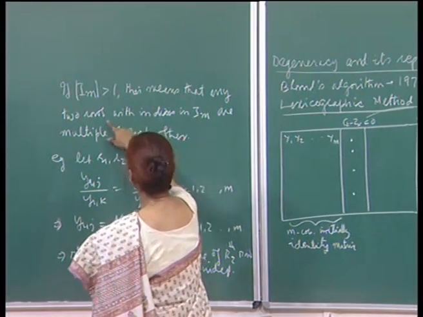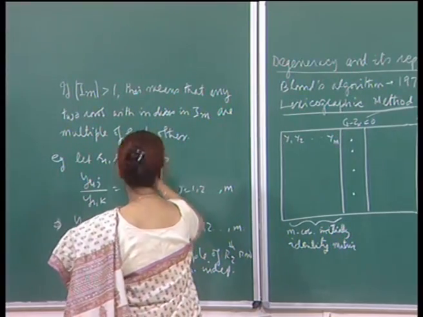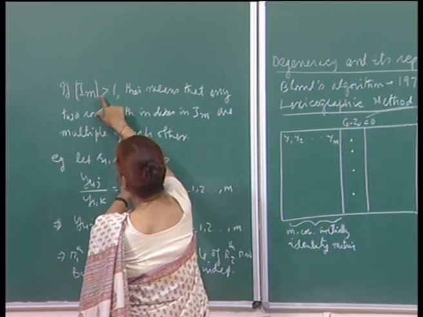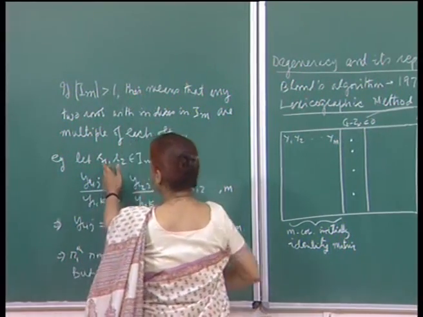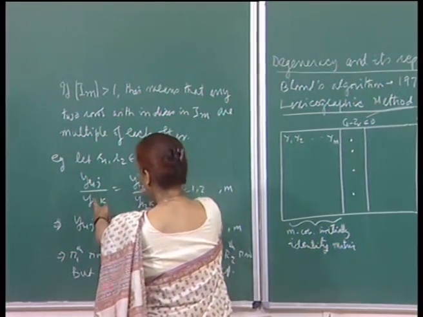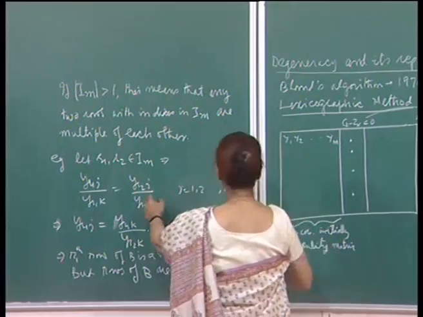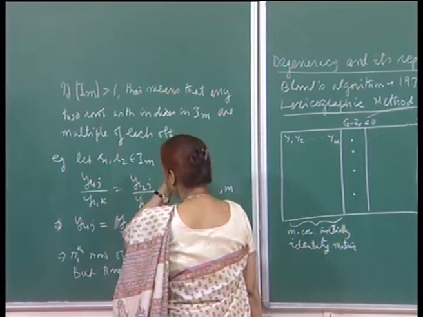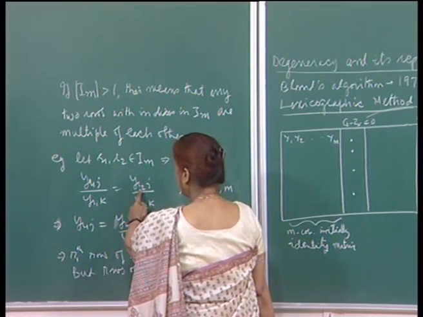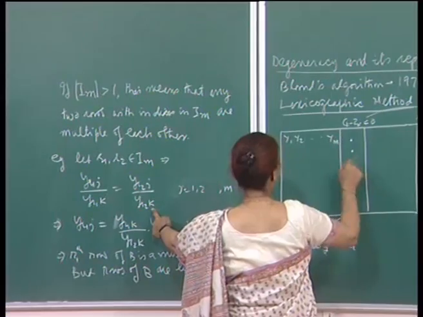So, this means that any two rows with indices in Im are multiples of each other. Because you see what is happening is that if the index set Im is more than 1, say suppose r1 and r2 are two indices in Im, then what does it mean? That the ratios are the same for all, because I have reached up to here, and so for each of the columns the ratios have been the same. So, yr1j upon yr1k is yr2j upon yr2k, right, corresponding to this column I am taking the ratios.